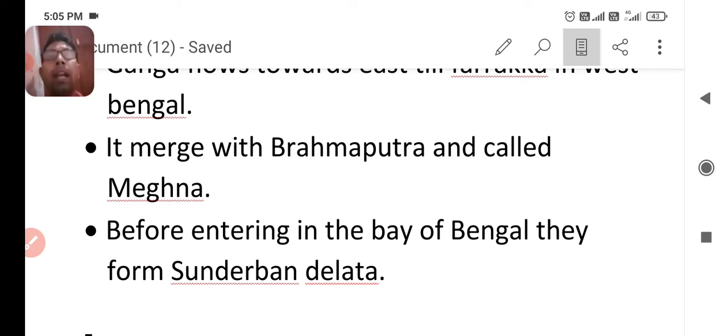The upland or mountain which divides two streams is known as water divide. After that, we learned that Indian rivers are classified into two parts, the Himalayan rivers and the peninsular rivers, and the differences between them.